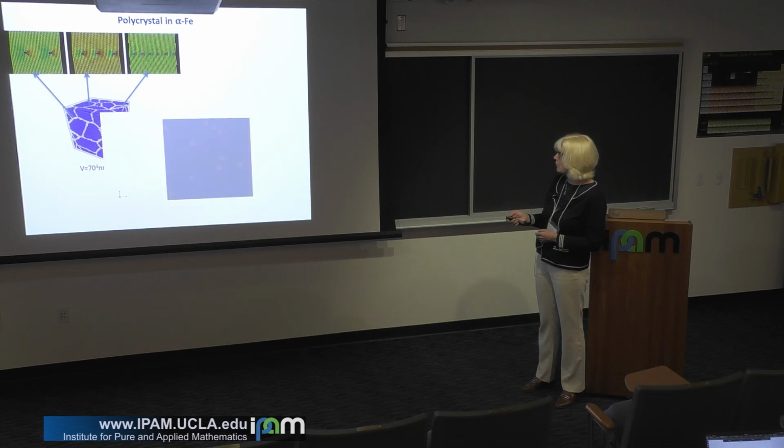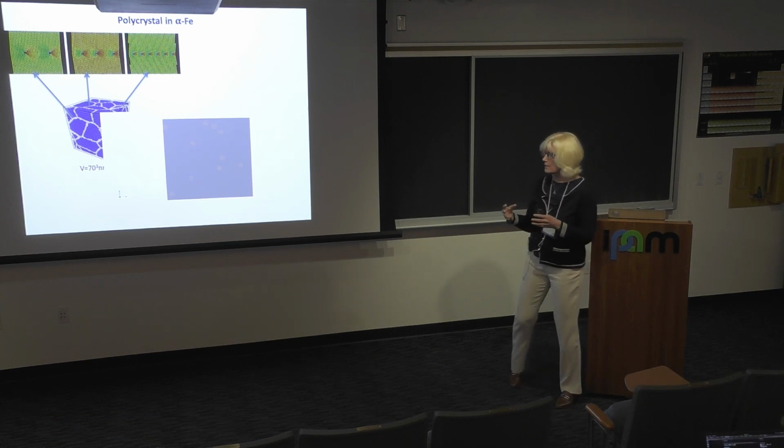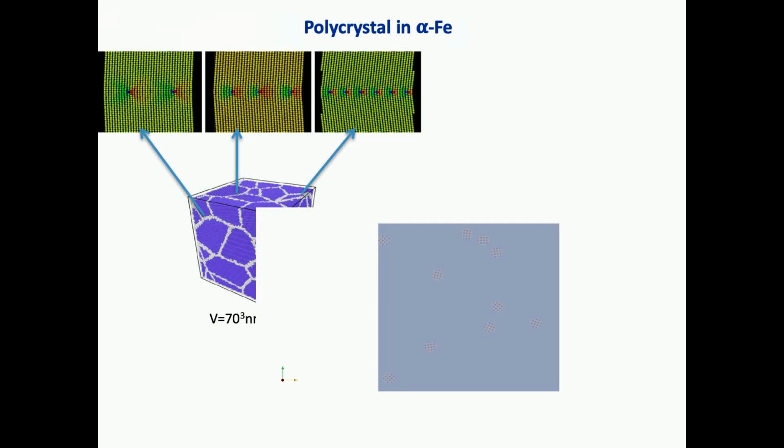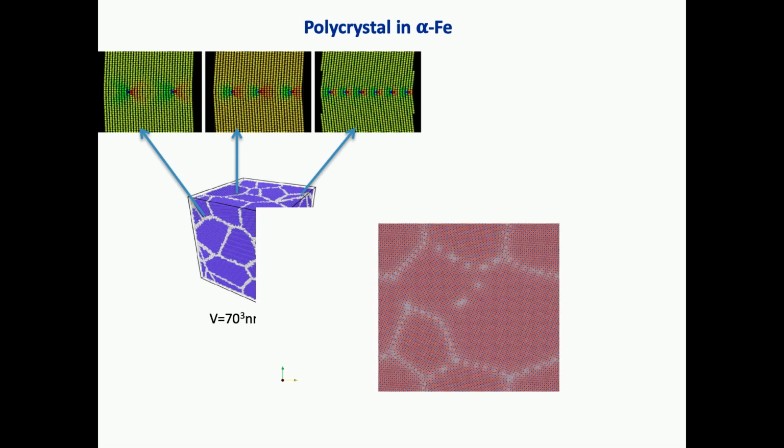And just to show you how this evolves with time, we heat and the grains start to coarsen. We can see that this is just one plane of this simulation. We can see that there is emission of some dislocations. For example, here you will see that one dislocation is emitted from the grain boundary.